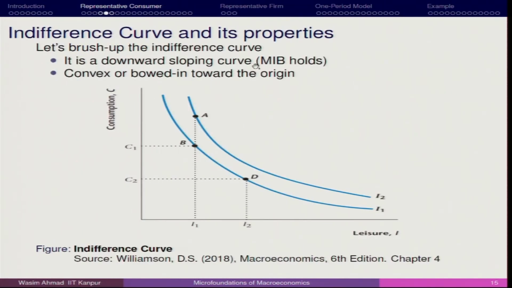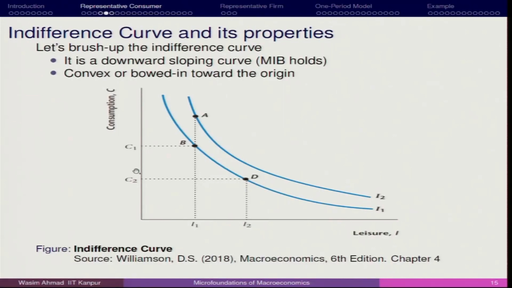Then this representative consumer has the convex, well defined indifference curve, and those of you who are from economics know that the indifference curve is a downward sloping curve, and it has certain characteristics.